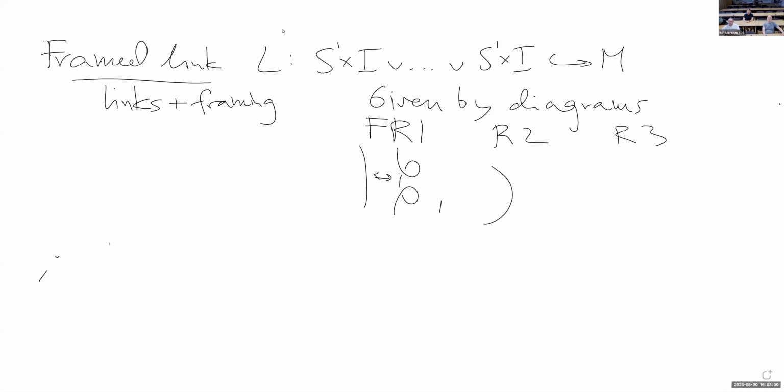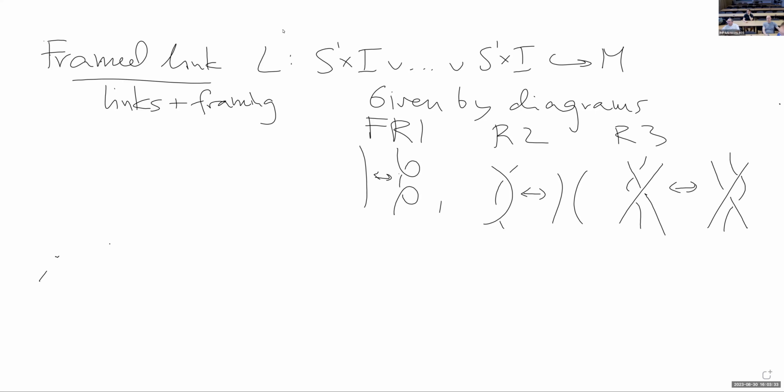But these are only cores of these ribbons. These are relations for diagrams of framed links. So framing is not indicated here. As I said, I'm going to use the Zoom board convention, which means that framing is always parallel to the board. That's why we don't see it.